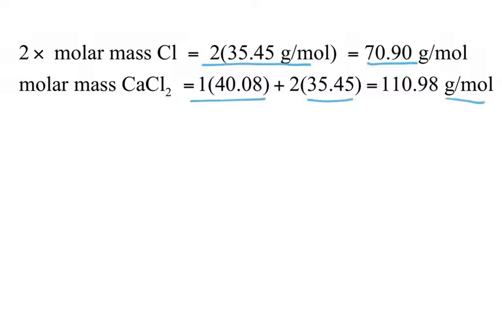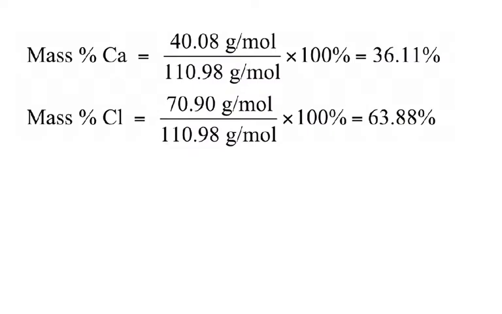We added them to get the total here. And here they're showing you the two percentages that we obtained, which we did accurately. Now again, they rounded it to 63.88. There was a 5 behind that 8. That's why I rounded it to 63.89. So this is the solution from the book.